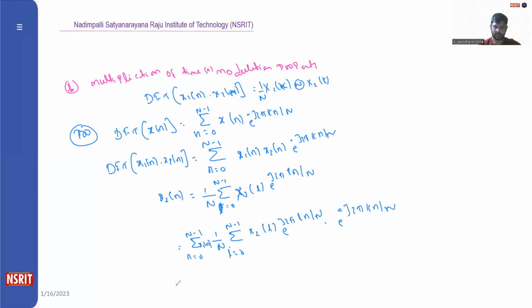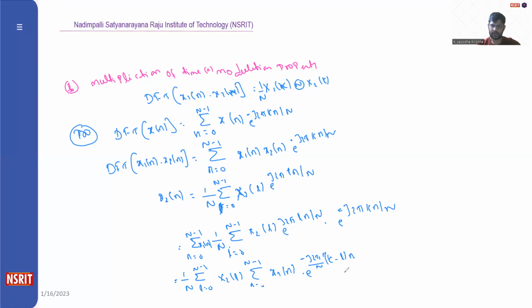Just rearrange all the terms: 1 by n summation L equal to 0 to n minus 1 x2 of L, and summation n equal to 0 to n minus 1 x1 of n into e to the power of minus j 2 pi by n into k minus L n.